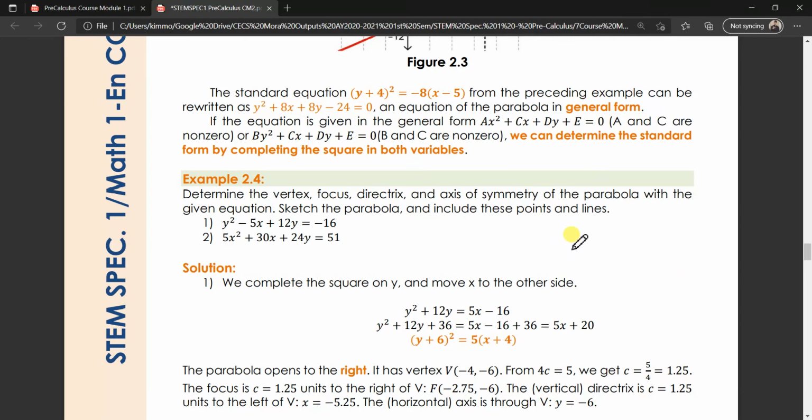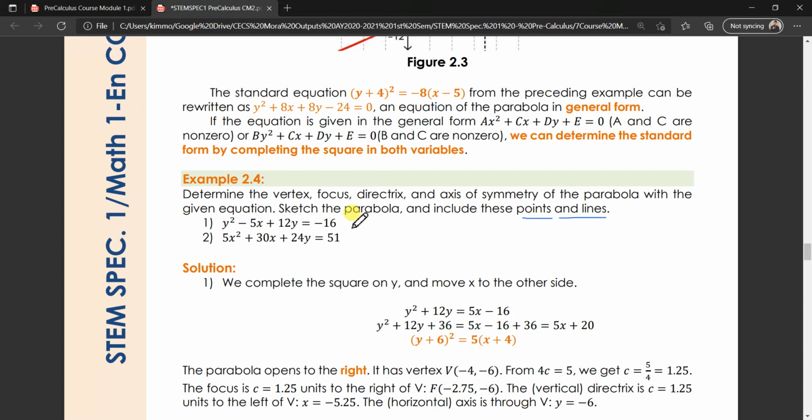We are asked to find the vertex, focus, directrix, and axis of symmetry of the parabola with the given equation. And we are asked to sketch the parabola and include these points and lines. The points are the vertex and focus, and the lines are the directrix and the axis of symmetry.